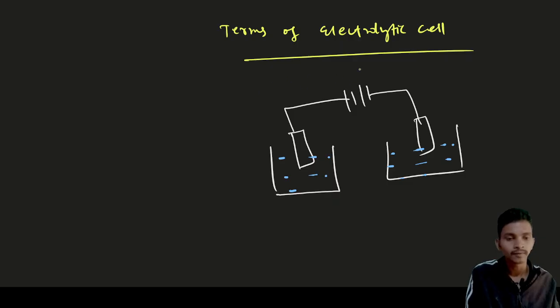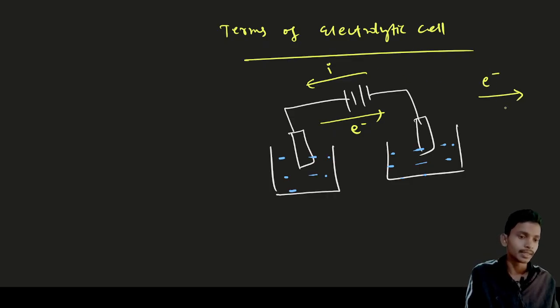Let's say the flow of current is in this direction. Then the flow of electrons will be opposite to the flow of current. So if electrons are flowing in this direction, then current will flow in the opposite direction. This we know very well.